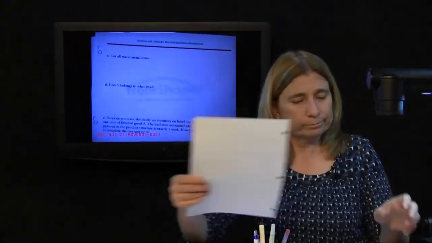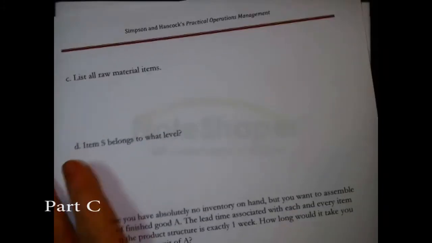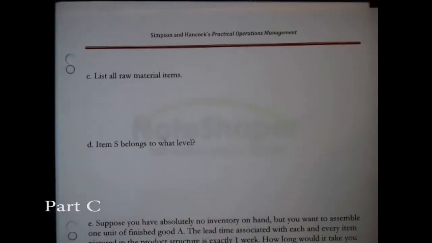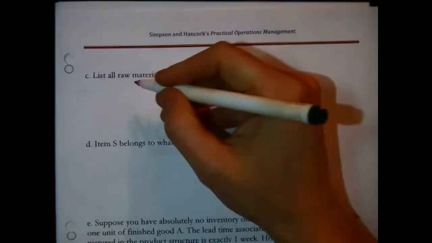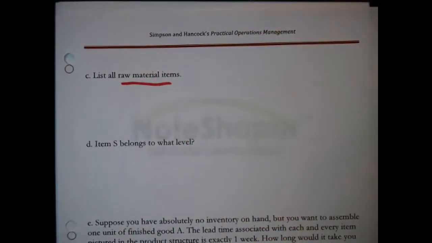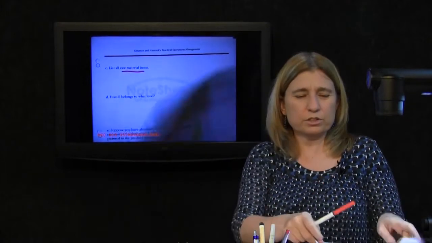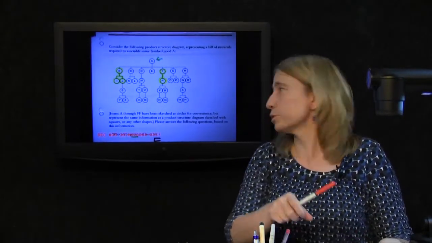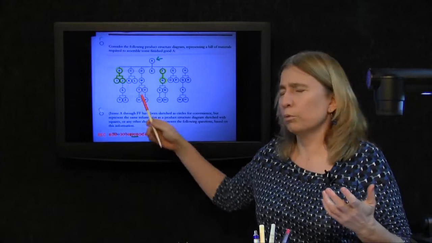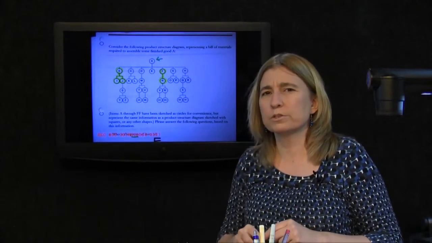Okay, fine, got it. What else? List all raw material items. This is going to be a bit of a tally because, wait a minute, how is this image supposed to communicate which are the raw material items?